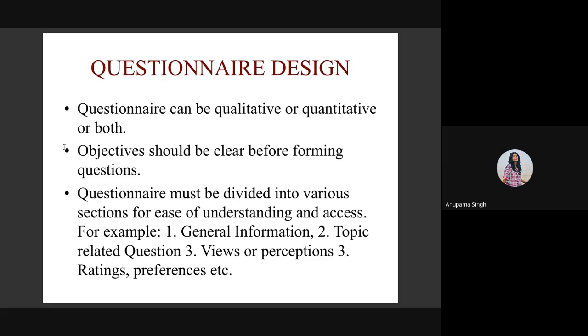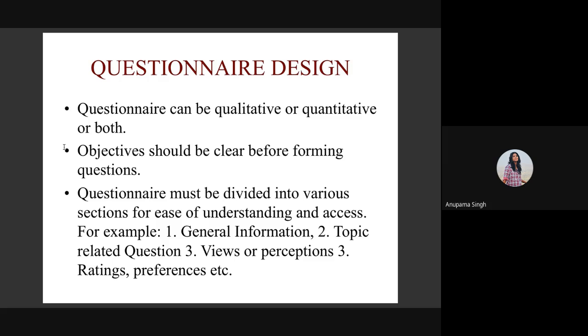Okay. Then we have: the questionnaire must be divided into various sections. Nowadays what happens is we conduct an elaborate study, so in that case, all kinds of information are necessary. Even if we are studying some factors that might be affecting another factor, general information is always required.